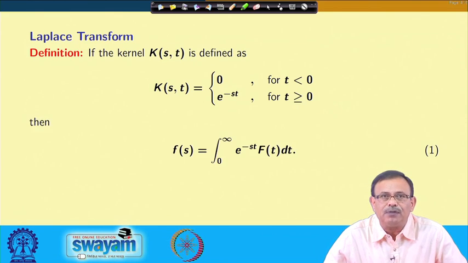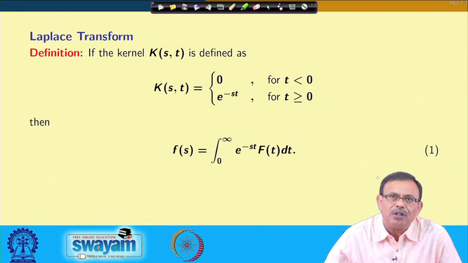If the function is defined like this, then the Laplace transform of this capital F(t) is defined as f(s) equals integral 0 to infinity e power minus st into F(t) dt. So, you have a function F(t), the Laplace transform of the function capital F(t) is denoted by small f(s) and is defined as 0 to infinity e power minus st F(t) dt.